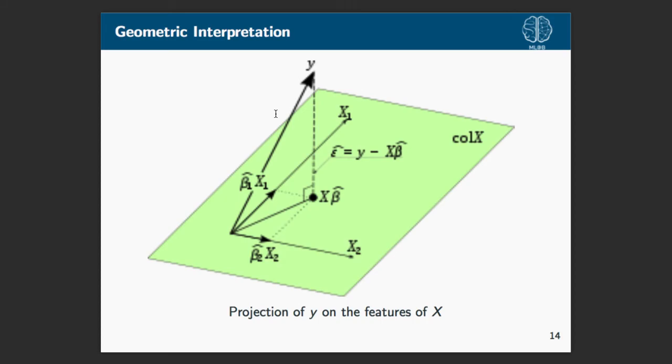It's like a shadow. So like how far this y vector travels in this x direction, if you think of it as a triangle. So is the x beta hat then our prediction? Exactly, that's the best model we can get.